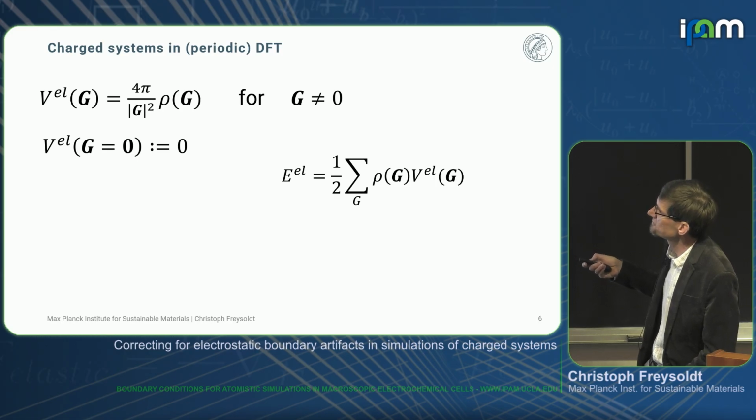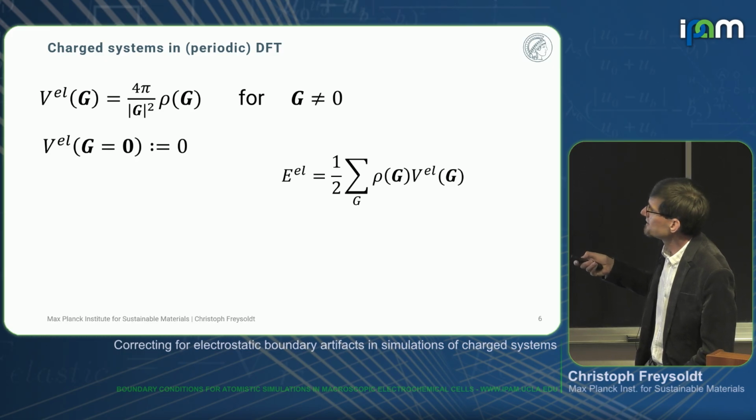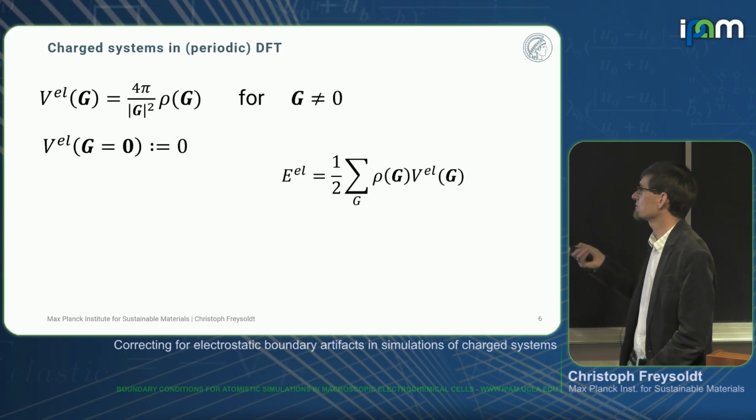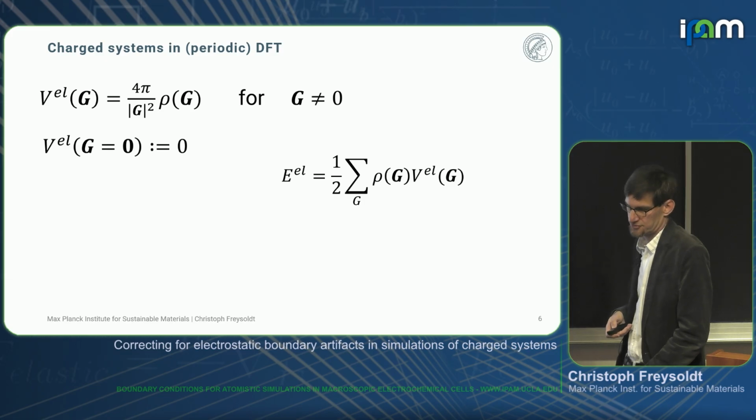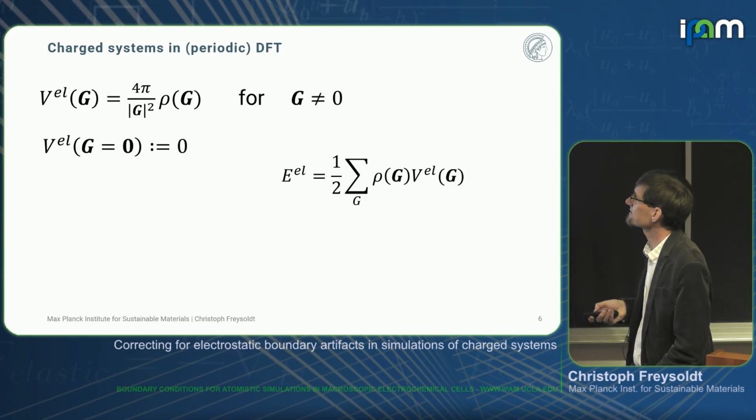You take the charge density that contains the electrons and also the nuclei. You multiply this with the Coulomb potential in reciprocal space, which is 4 pi over G squared, and then you get the electrostatic potential, and then you plug this into your formula for the electrostatic energy. Very easy. It's essentially dot products of your sum over the reciprocal lattice vectors.